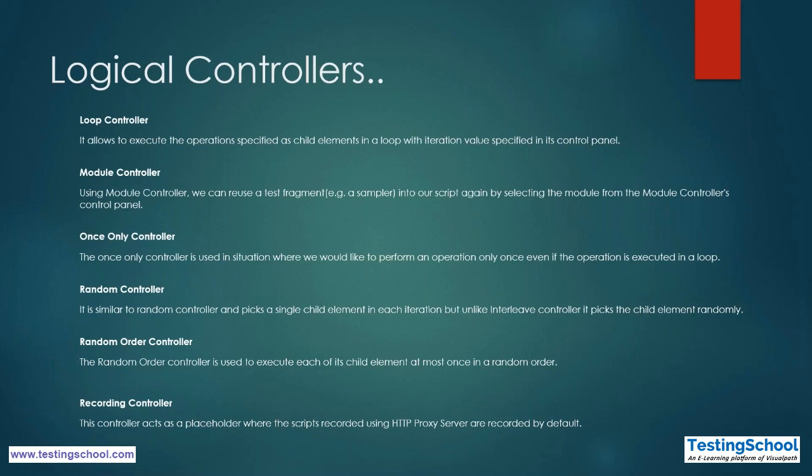Next is the random order controller. It is totally different from the random controller, because in the random order controller, all of the child elements present in the controller will be executed, but randomly. In the random controller only one child element is executed each iteration, but in the random order controller, all the segments will be executed, in random fashion.